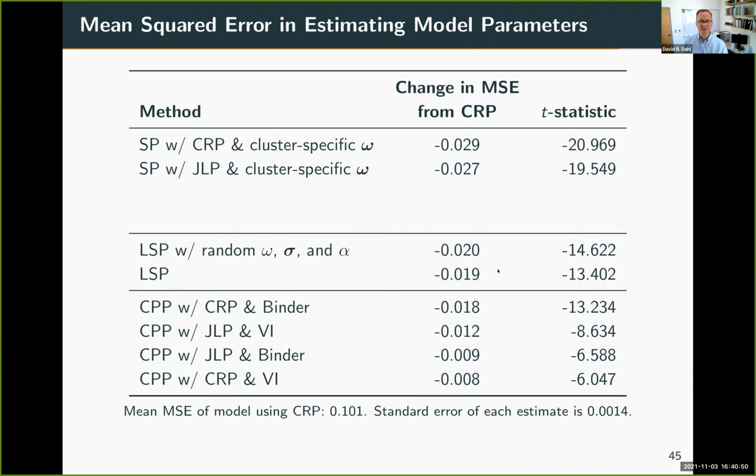When we do that, we get a slight improvement for the LSP. But you still might say that's not a fair comparison because we're using cluster-specific shrinkages, whereas the LSP and the CPP can't use cluster-specific shrinkages. Well, that's kind of the point: we have a scenario where having cluster-specific shrinkages is a real benefit to us, and the LSP and the CPP can't have them.